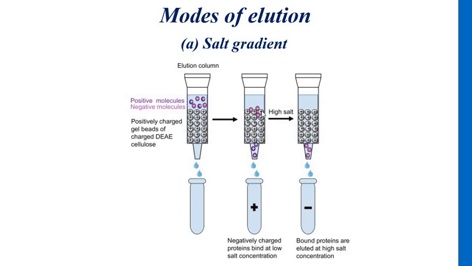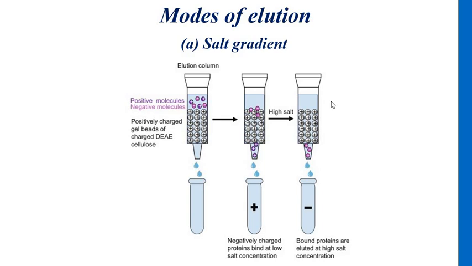Now, in order to separate these negatively charged proteins, we can use a salt gradient. The salt which is normally used for this purpose is sodium chloride, and as we know, the salt contains negatively and positively charged species, that is, sodium is positively charged while chloride ions are negatively charged. So when we have to elute these negatively charged target proteins from the positively charged resin, we add the elution buffer, and this elution buffer contains the high salt gradient.